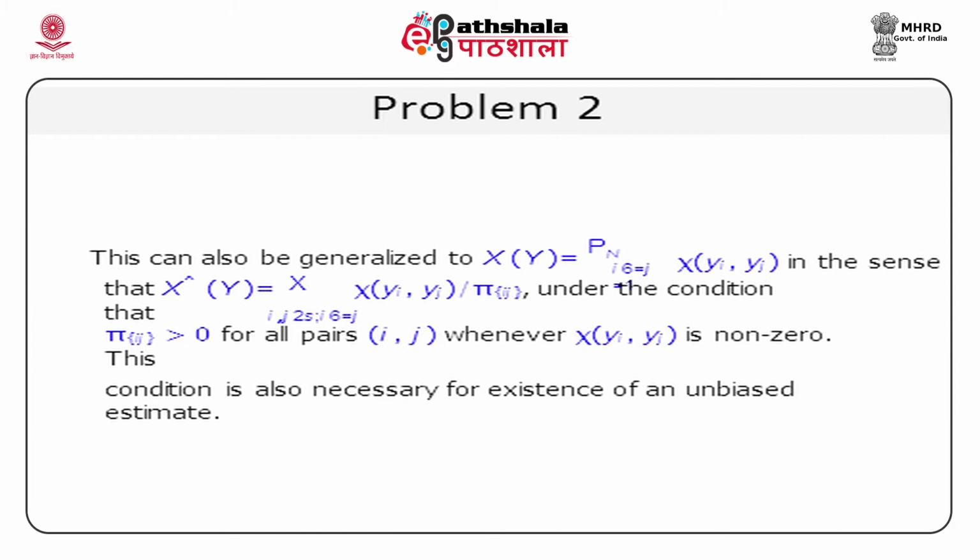This condition is also necessary for existence of an unbiased estimate. Yes, so you can see this time it is an additive function, but every component involves 2 terms, y I and y j. That is why you need a condition on pi ij strictly positive, and then you divide by pi ij for every pair of units in the sample.